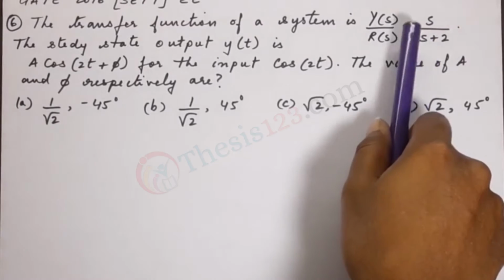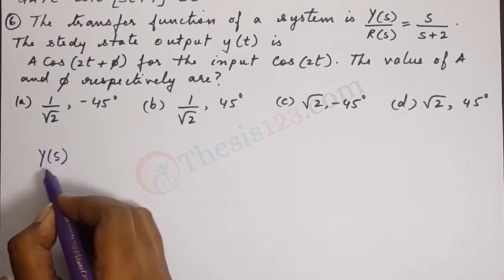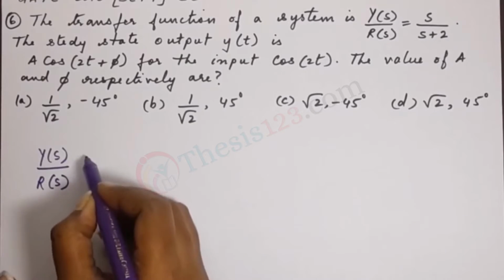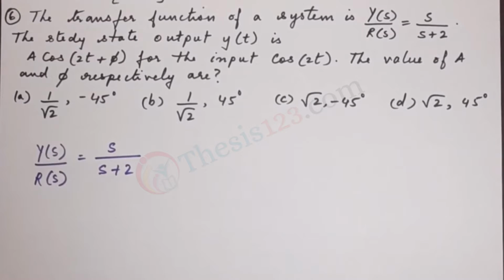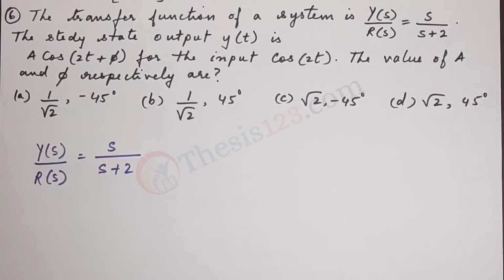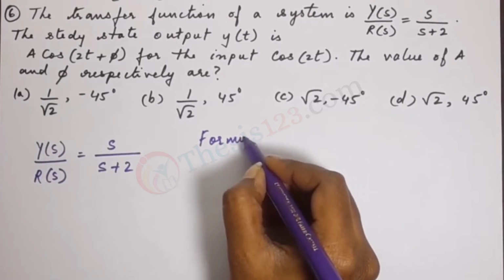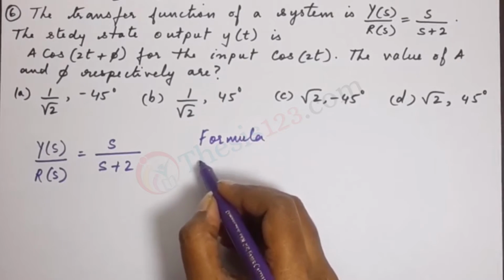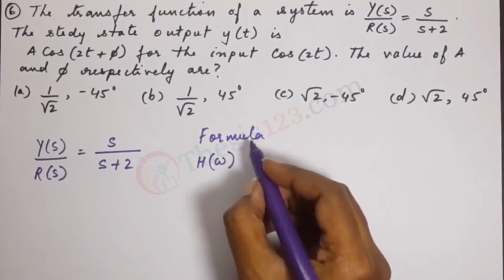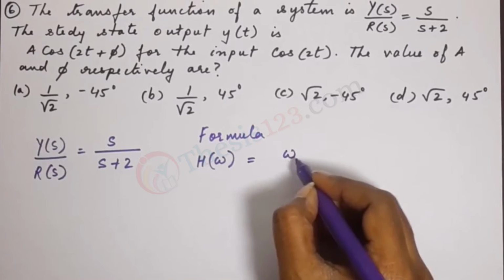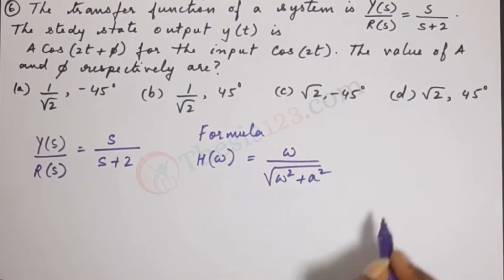Okay, so let's start with the transfer function given to us. So the transfer function Y of s divided by R of s is equal to s by s plus 2. Now we can use a direct formula over here. Okay, so the formula says, let me write that down. The formula is H of omega, so we're converting that, is equal to omega by root of omega square plus a square.